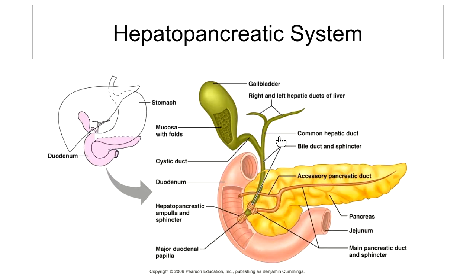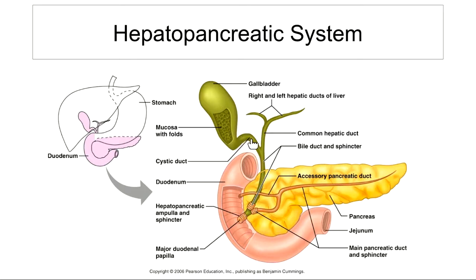Now let's look at something before we continue. Over here on the right is your gallbladder, and the gallbladder is a sac which stores excess bile for a future meal that has a lot of fat in it. And it has a duct called the cystic duct, which leads to it.